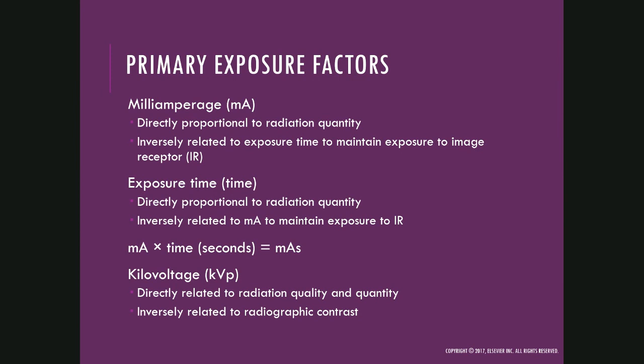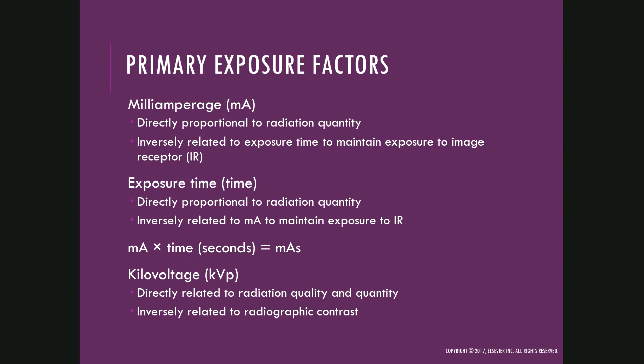Our other primary exposure factor is our kilovoltage, our KVP. That's what we always call it. KVP is a little bit trickier than MAS. MAS just changes your quantity of radiation produced. That's it. It does not change anything else. It's easy peasy. Your KVP changes both your quality and your quantity.